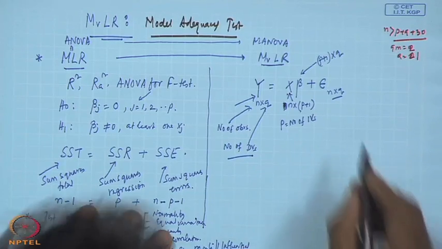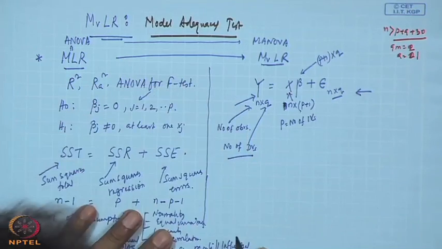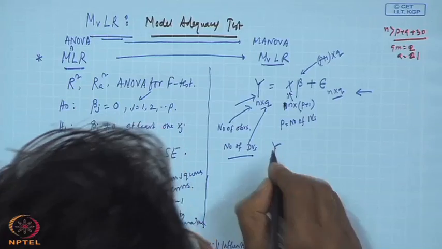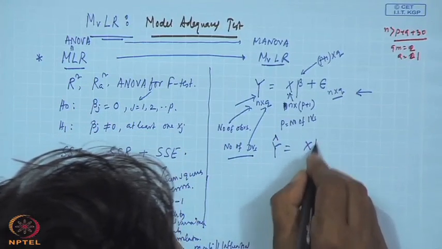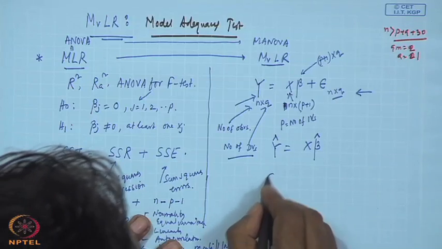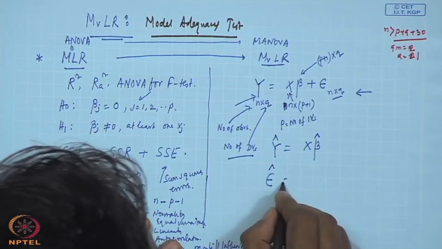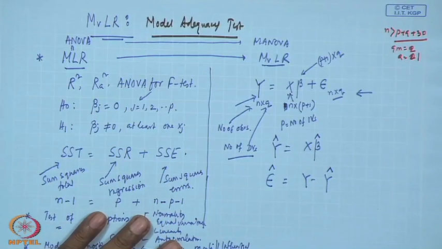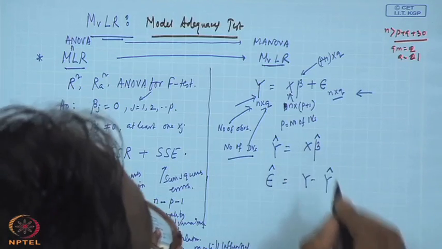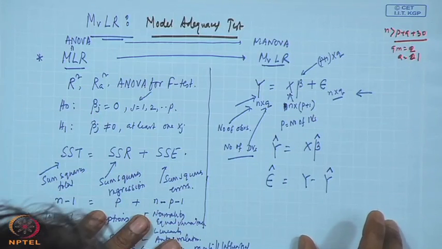We will use this equation, and once you have estimated Y cap, this is your X beta cap, and we also know that epsilon cap is Y minus Y cap. These are a few things we discussed earlier, and these will be required.